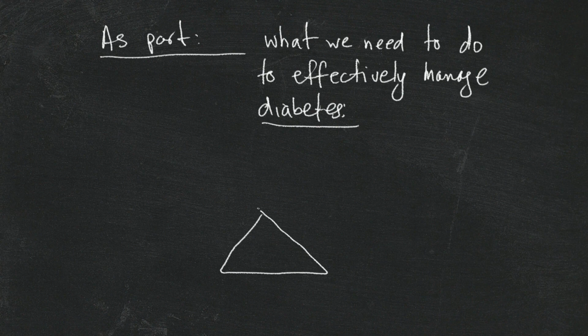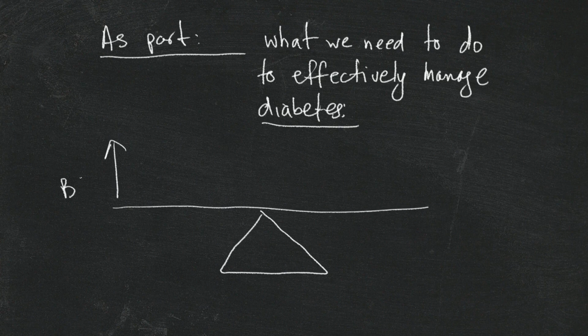And what do I mean by that? Well, throughout the course of these sessions we'll learn what things make blood sugars go up, and what things make blood sugars go down, and try to keep a balance as best as possible to reach those target numbers that we were talking about.